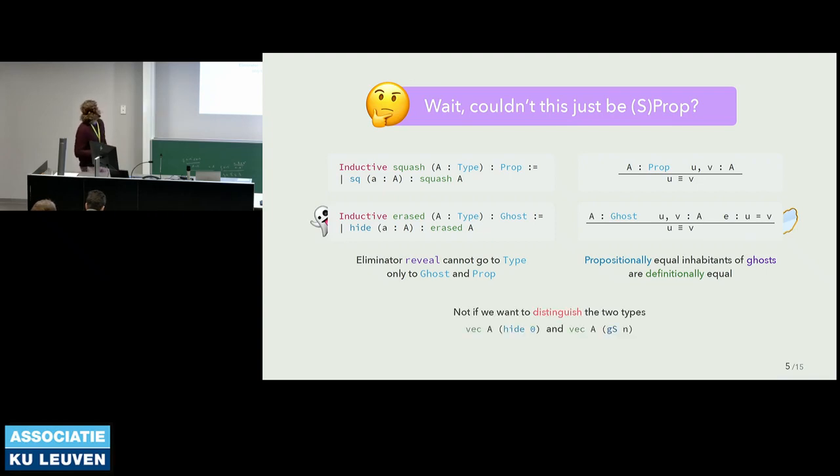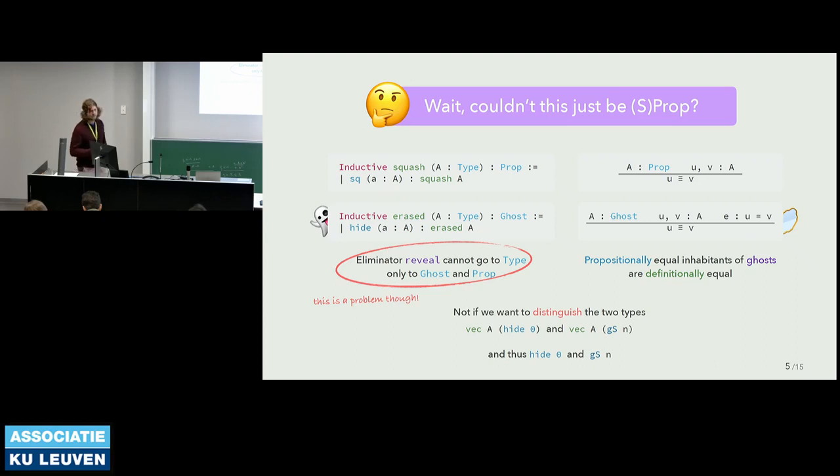But I still want to have my index be informative. I want to say that if I have a vector that's of length 0, then it has to be nil, and so it's not the same thing as a vector of length successor. So I have to be able to distinguish between two different notions, two different erased values.